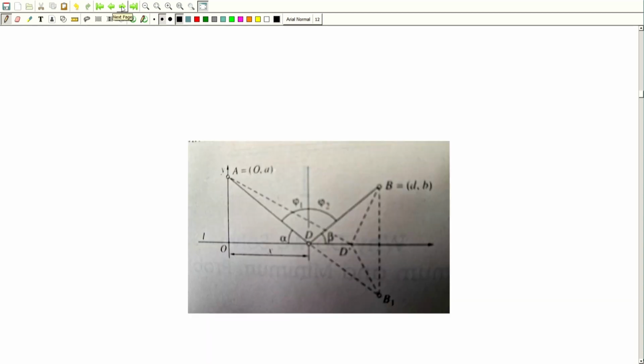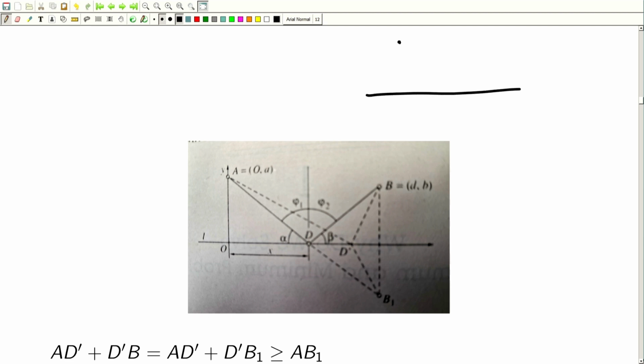Okay, so here is the picture you can see. The proof is simple. Now you take the line, you have the point A, you have the point B here.